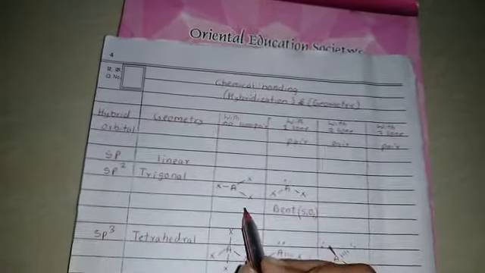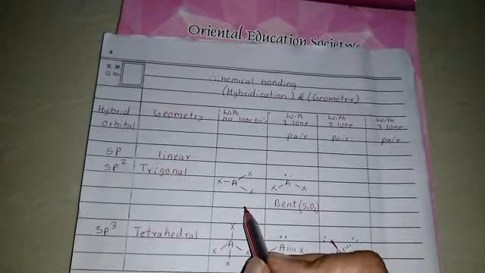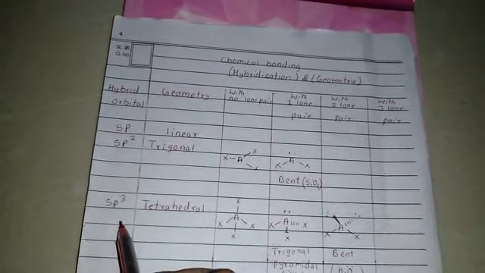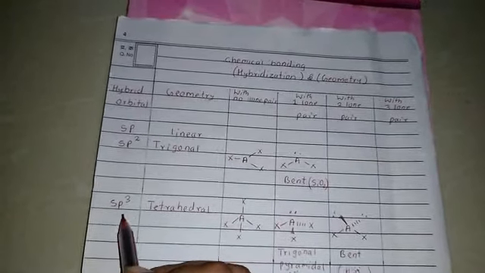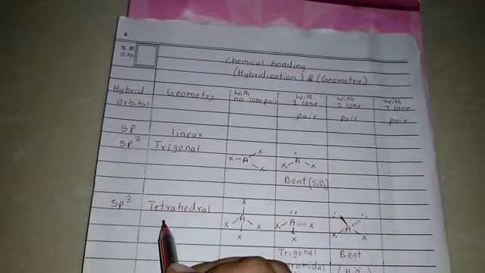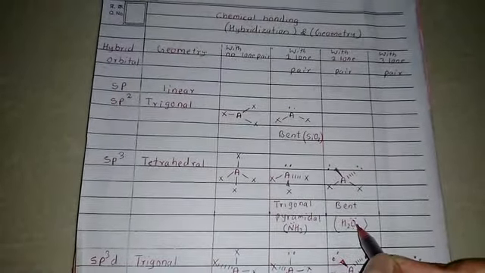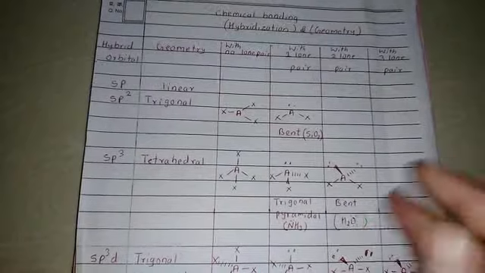So for sp it is linear, sp2 is trigonal planar without a lone pair. If there is one lone pair, it has the bent shape. The third one is sp3 hybridization, normal tetrahedral. If it consists of 1 lone pair of electrons, it is trigonal pyramidal. If it consists of 2 lone pairs, it is bent shape.